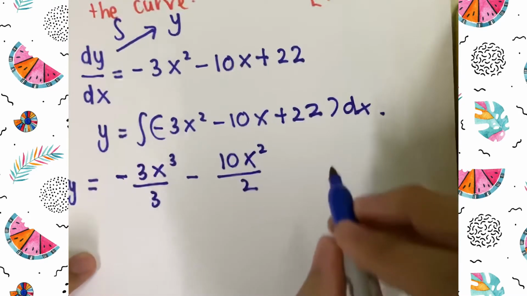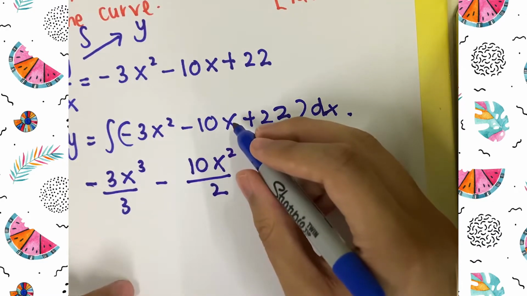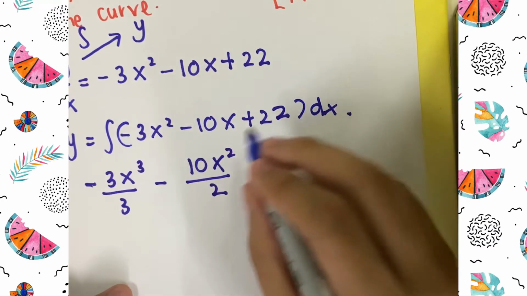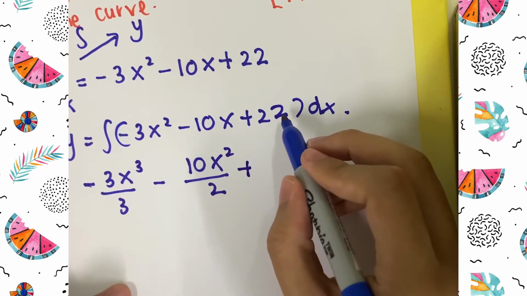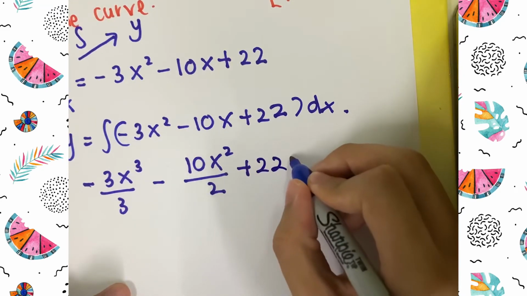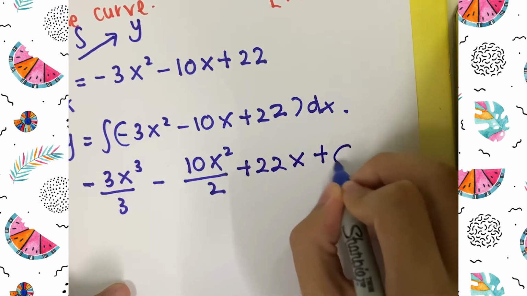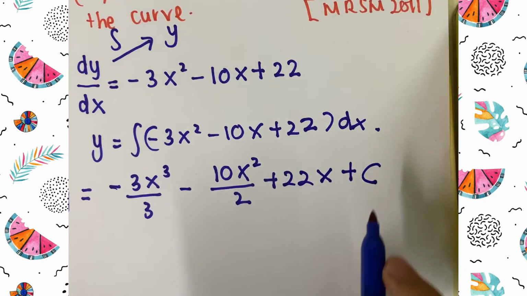And I hope by now you can integrate easily without me saying 1 plus 1, 2 plus 1. So if you have a constant, just tag along x. 22x plus c. Do not forget your c, because this is so important.